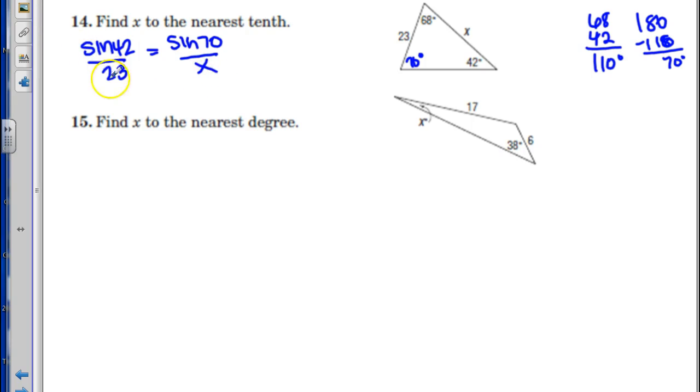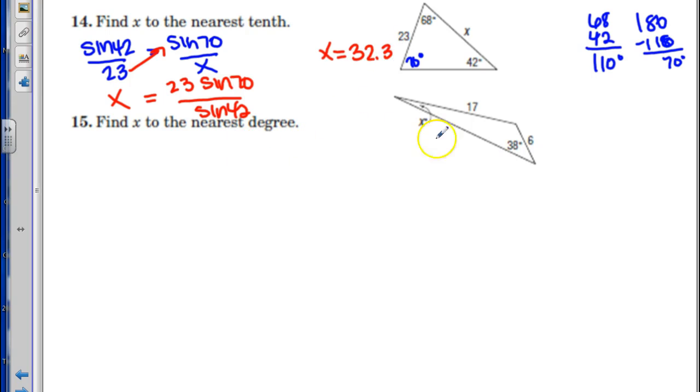So cross multiplying, or if you remember, we can do our little quick shortcut. So when I cross multiply here, 23 sine 70, and divide that by sine 42, swapping places with these two, that's equal to x. And so now we are ready to just pop that into our calculator, and we should come up with 32.3 for x.